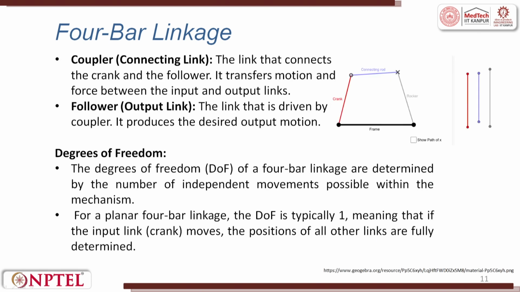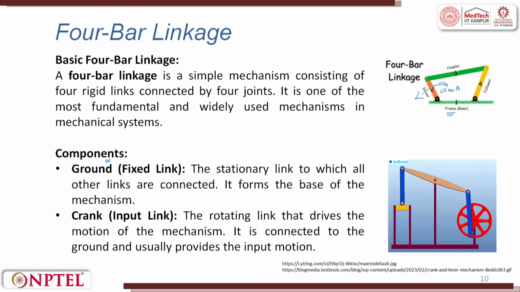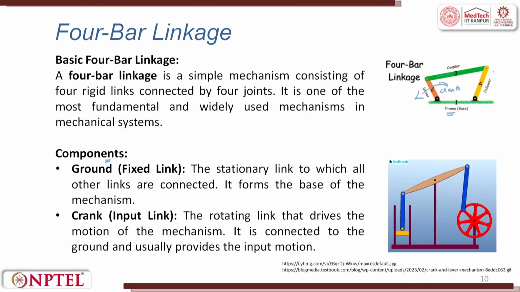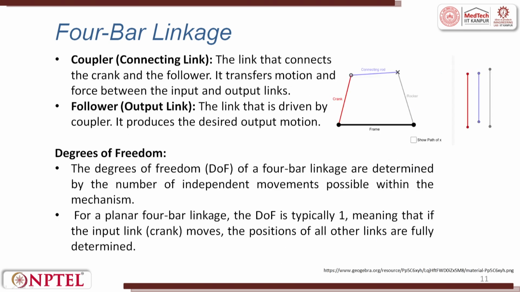Then you have a coupler, which is nothing but a connecting link; I have already told you, it is 3. So, the linkage that connects the crank and the follower. Where is the follower? The yellow one is the follower, link 4. The coupler transfers motion and force between the input and output.